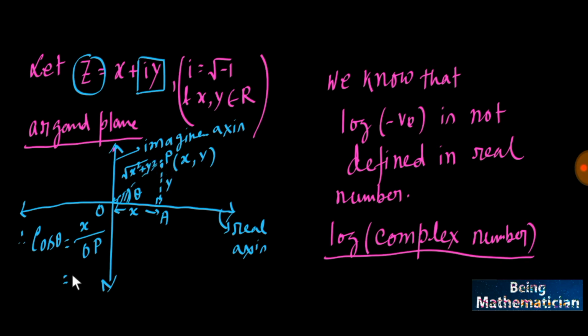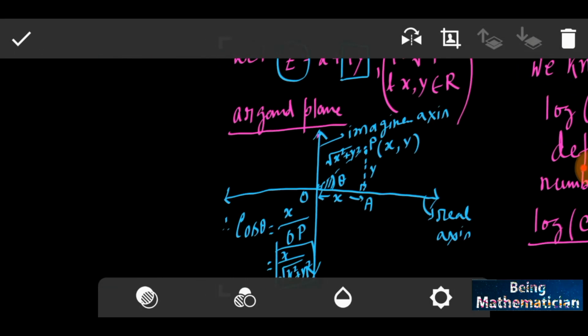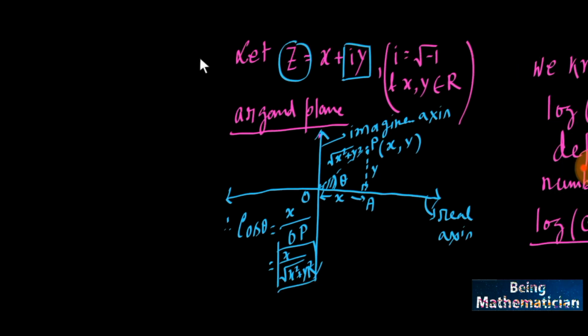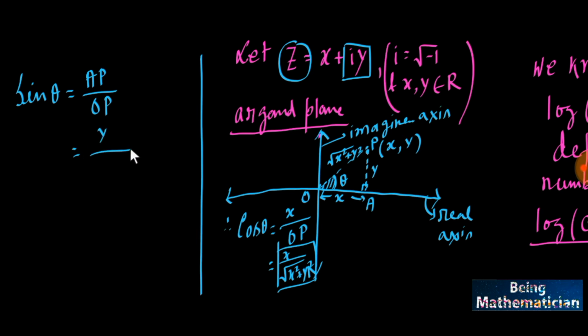So cos theta is x by root over x square plus y square. And sin theta is perpendicular by hypotenuse, that means AP by OP. AP is y and OP is root over x square plus y square.